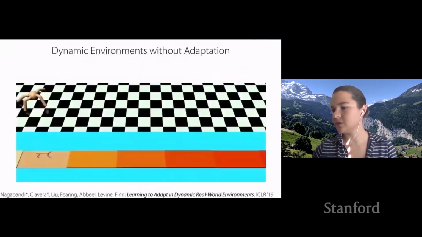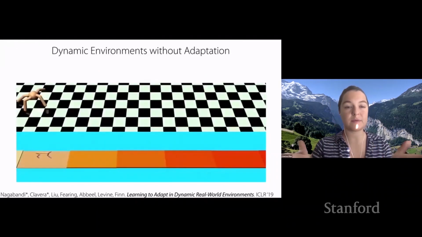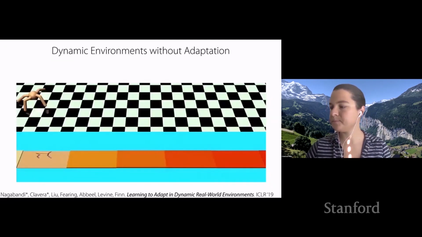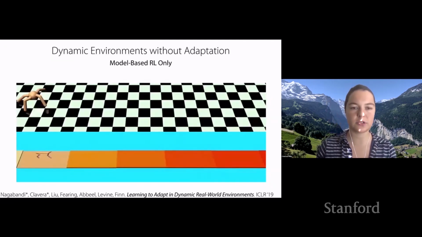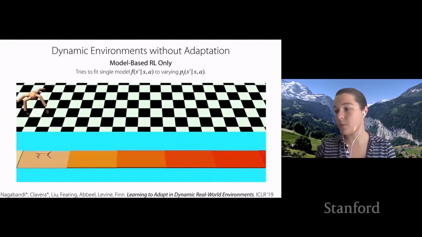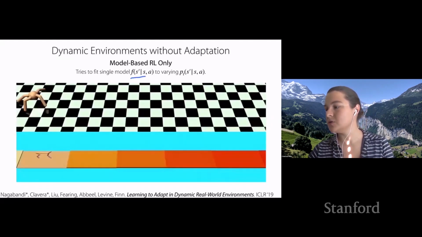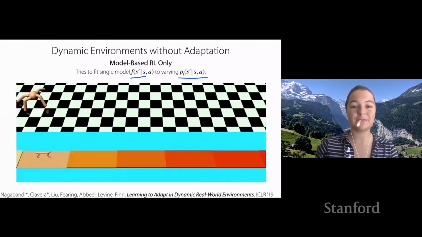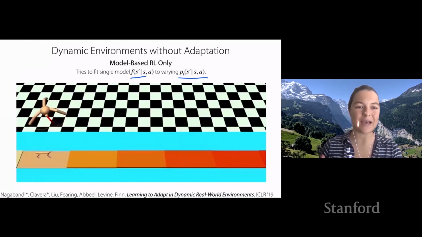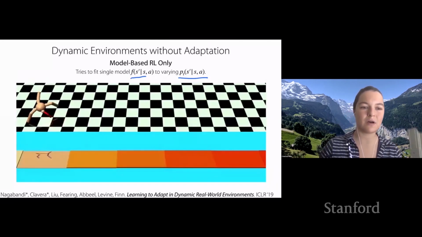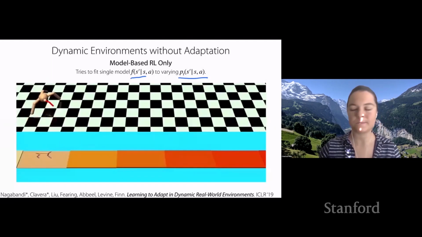Okay, so how does this actually look in practice? We can look at some environments that are, as I mentioned before, dynamically changing in time. If we first start with just a single model-based RL approach, where we're trying to fit a single model to dynamics that may actually be varying across time, this isn't very successful. In this first example, one of the legs becomes crippled, and a single model isn't able to capture the dynamics of a normal leg and a crippled leg.